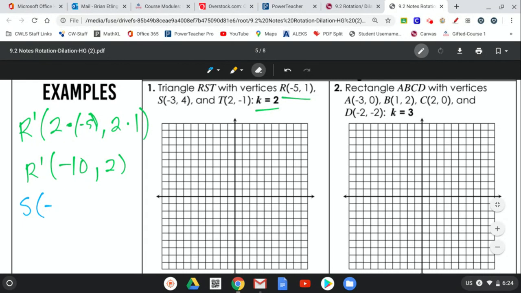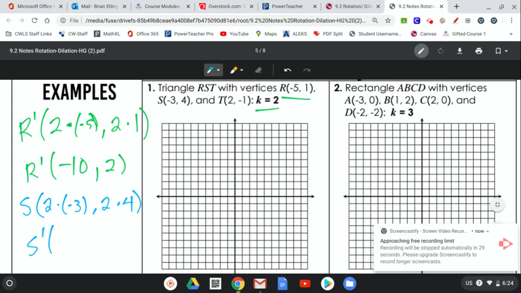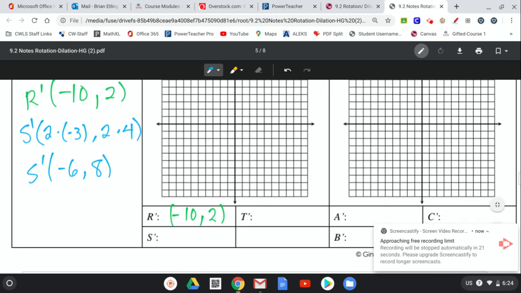Actually, let's write it in the other order. We're going to do 2 times negative 3, our new x coordinate, and then 2 times 4. So our coordinate for S prime is (negative 6, 8).